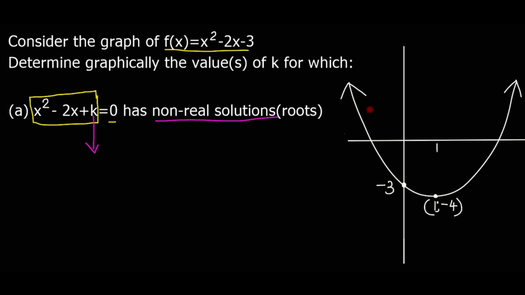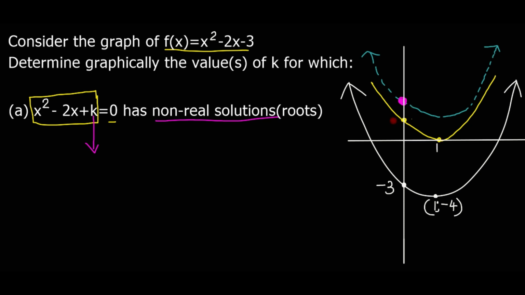We know that when our graph has non-real solutions, it means it does not have an x-intercept, so our graph is something like this one. So we want to know what the value of k will be, what our y-intercept will be if this graph does not have an x-intercept. When this graph has 1 equal solution, we know it was at this point, when we moved 4 units up, and then it was at this point touching this graph.